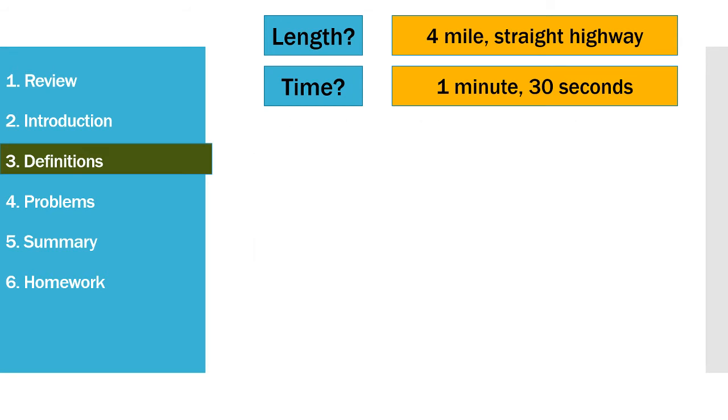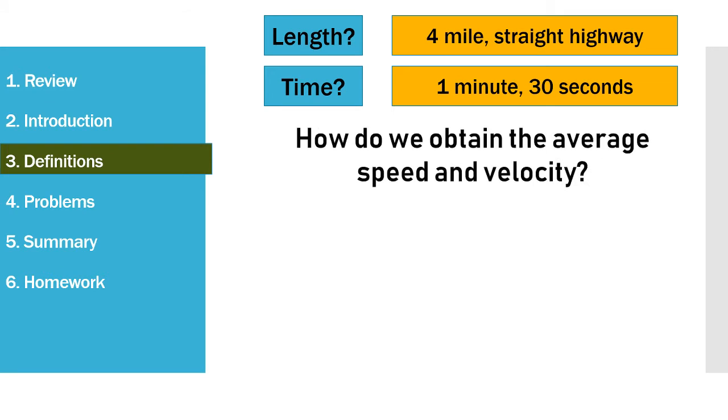So how do you get the average speed and velocity given this run? Well, we can use this simple triangle here, where the D is on top and the bottom is V and T. If you cover the V, it's just D over T. Same with all of the other aspects. If you want to get distance, velocity times time.